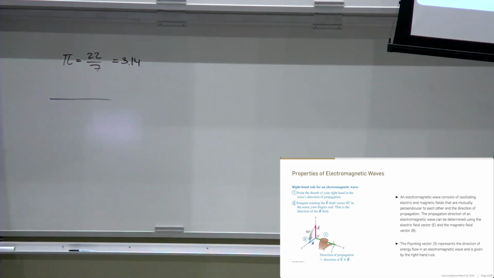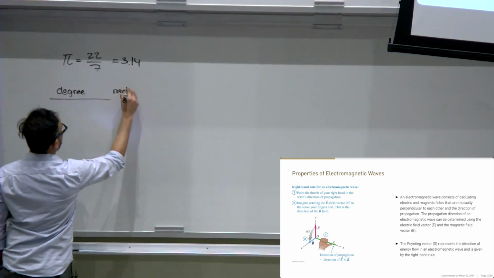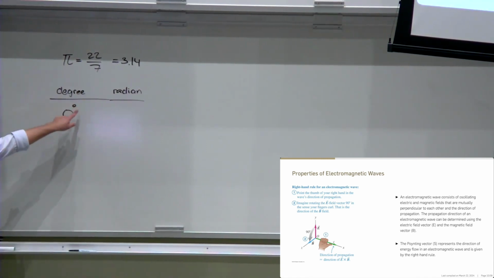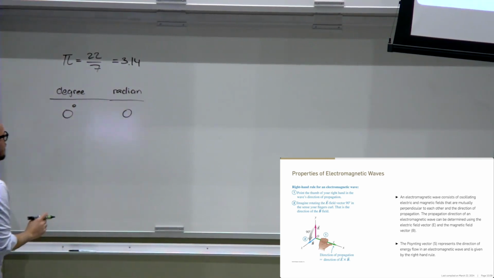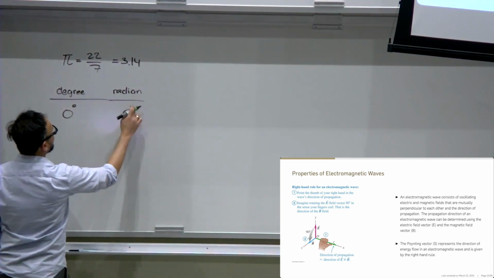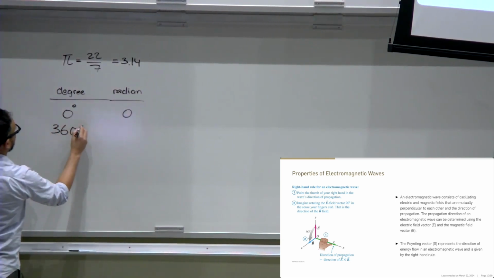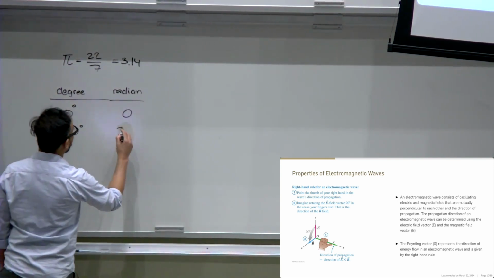Have you seen this or no? Which is radian. So this is a degree. This is radian. For 0 degrees, it is equal to 0 radian. This is like an absolute angle, so you don't need to put the degree here. How about 360? 360 degrees is equal to 2 pi in radian. Probably some of you haven't seen this.